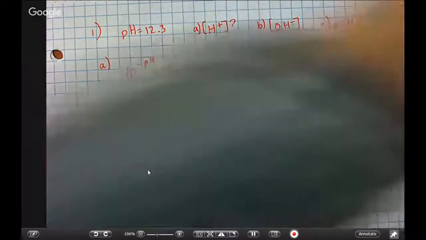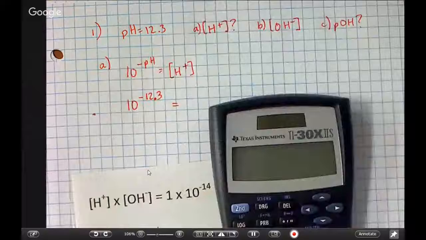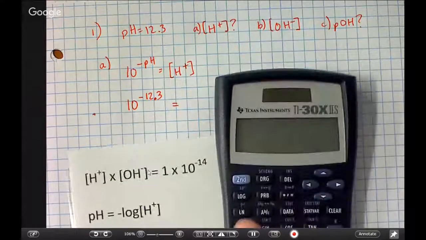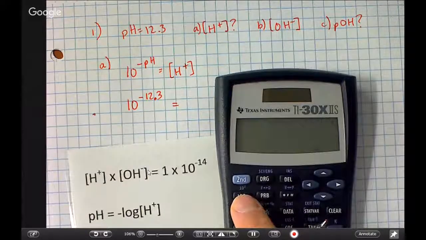When we put that in our calculator, it's the inverse log. See where the log key is right here? If you look right above that in blue, it's 10 to the x.